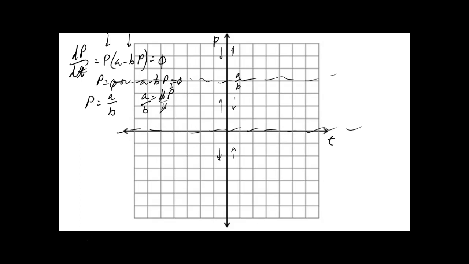Which page are we on? On page 40, example 3. I guess with B being positive, P being positive here, and because A and B are both positive, it has to be positive.